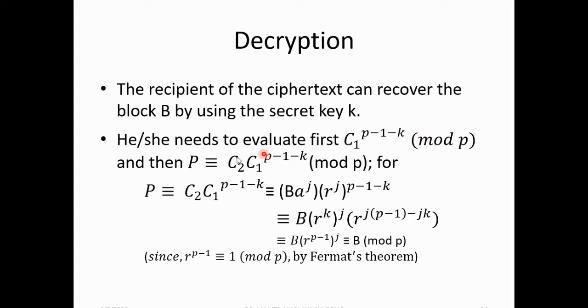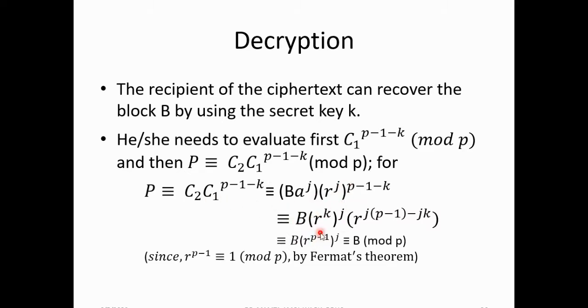And then B is congruent to C2 times C1 to the power p minus 1 minus k. Now C2 is b times a to the power j, and C1 is r to the power j.